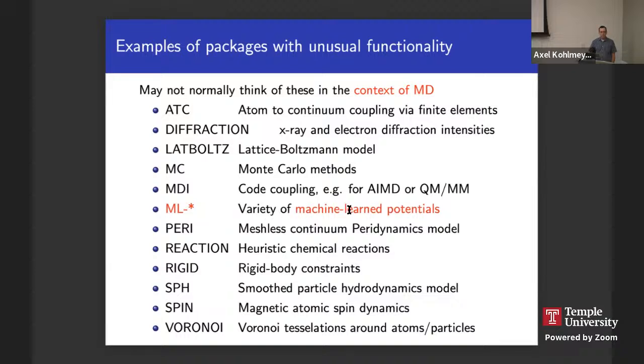Many machine learned potentials are something recent that's state of the art. There's also reactive modeling, which is like bonds breaking and forming, rigid bodies, smoothed particle hydrodynamics for liquids, magnetic spin dynamics, and Voronoi tessellations around atoms and particles.